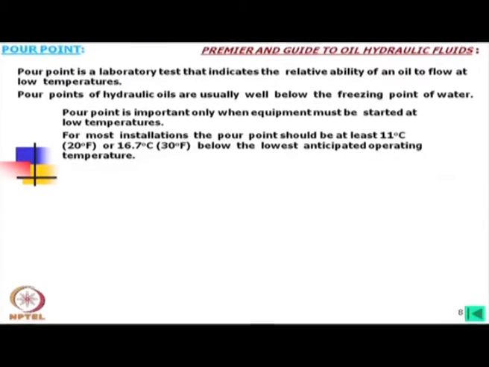For most installations, the pour point should be at least 11 degree centigrade, or 20 degree Fahrenheit, to 16.7 degree centigrade, or 30 degree Fahrenheit, below the lowest anticipated operating temperatures. I mean, it might be a range, usually from 20 degree Fahrenheit to 30 degree Fahrenheit.